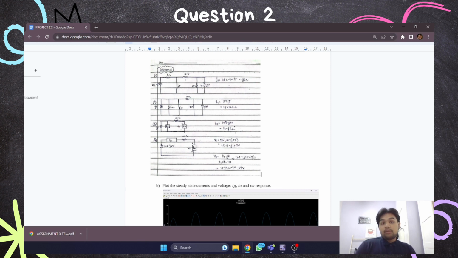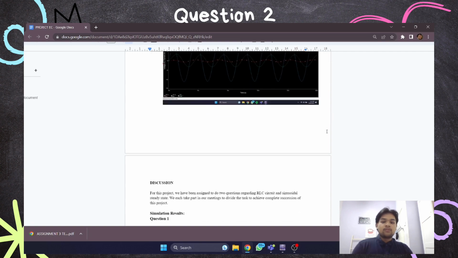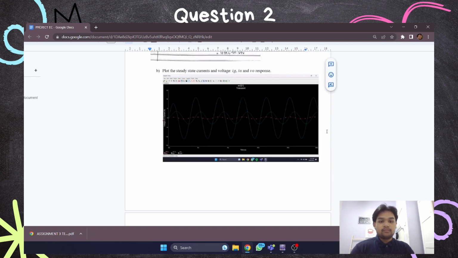Then for part B, the question is to plot the steady state currents and voltage for the Ig, Ia and V0 responses. I have already done the simulation and plotted the steady state current and voltage graph. So now let's see how I get this answer.